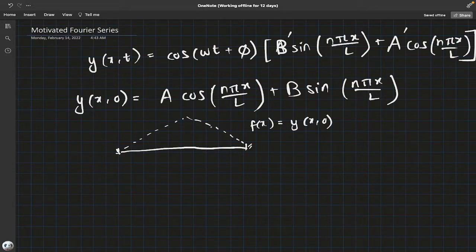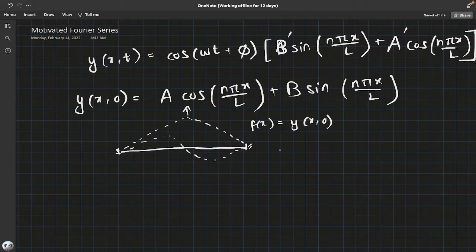If we knew what this initial pluck looked like, the perfect analogy is a guitar string. If we knew how the musician was plucking it, this could be one shape. If it's a sine or some version of the sine, then our life is way easier, because then we know exactly what to set n as.